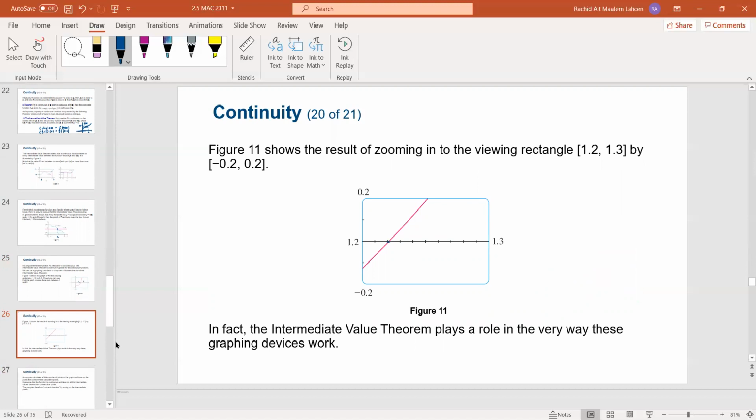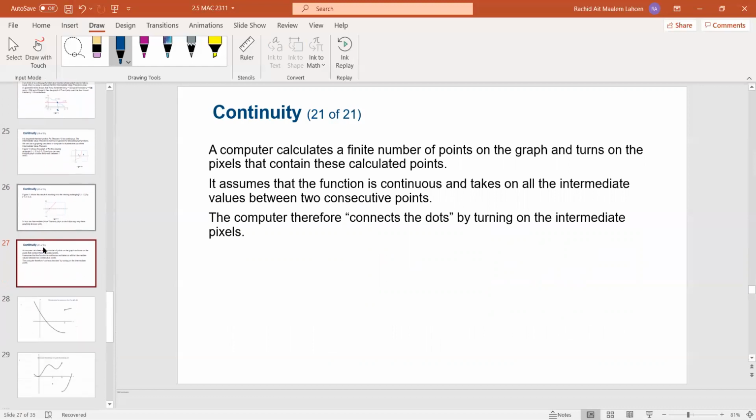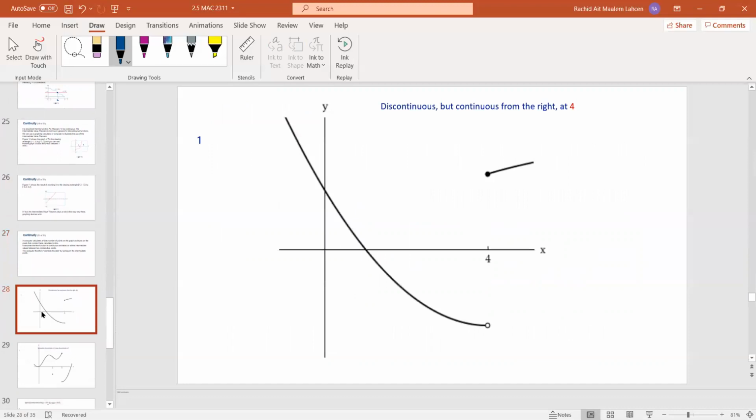In fact, the intermediate value theorem plays a role in computers too. Computers use this intermediate value theorem between consecutive points to calculate a finite number of points. But we'll do the examples and explain this intermediate value theorem. It's not that bad. So let's look at some examples.